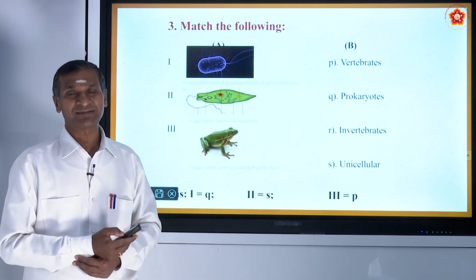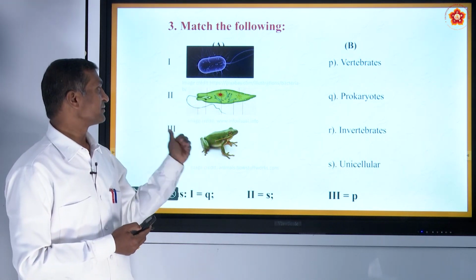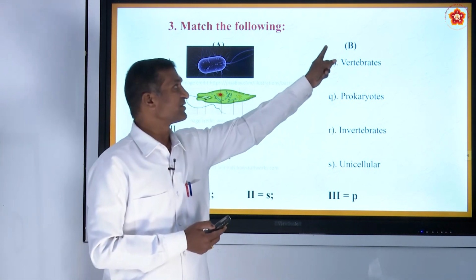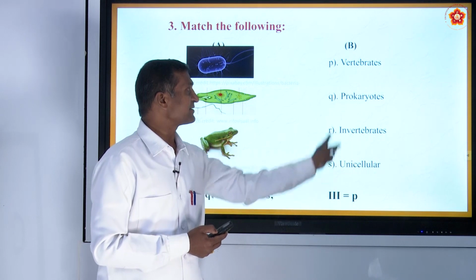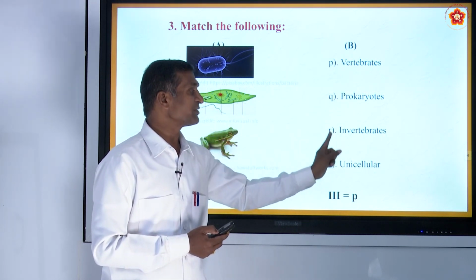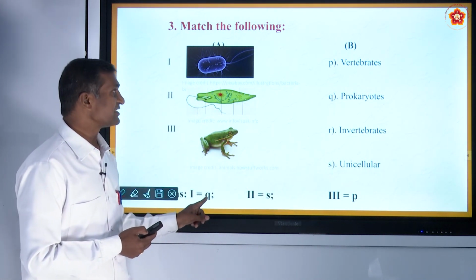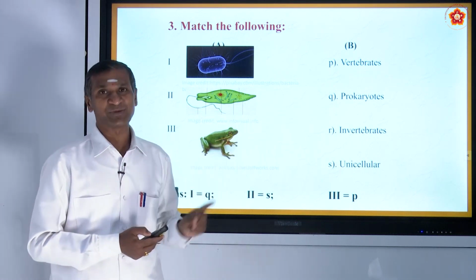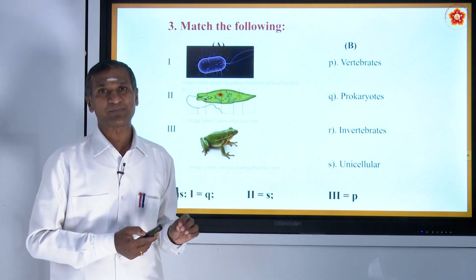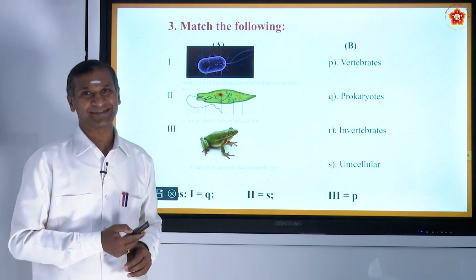A third question, match the following. You have seen three pictures under the Roman numerals 1, 2 and 3. And here you are observing P, Q, R, S under the B column: vertebrates, prokaryotes, invertebrates and unicellular. Correct matching for number 1 is Q, that is prokaryotes. They don't have a true nucleus. Underdeveloped, primitive, the genetic material is scattered.